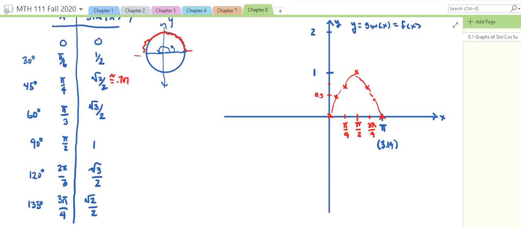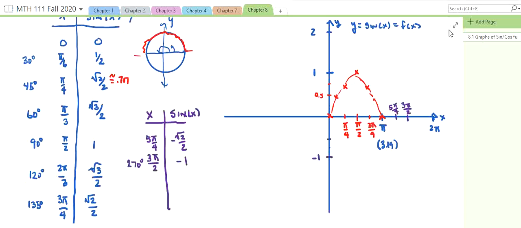And that's going halfway around a circle, the unit circle. So that's half of our function. Now as we continue on, the y values will go negative, and eventually they come back to meet up again with the x-axis at 2 pi.